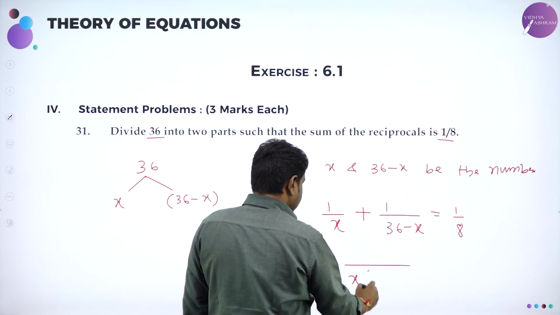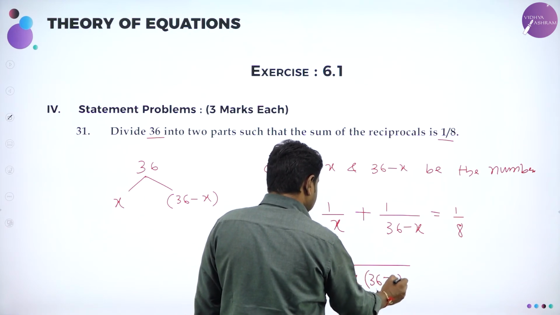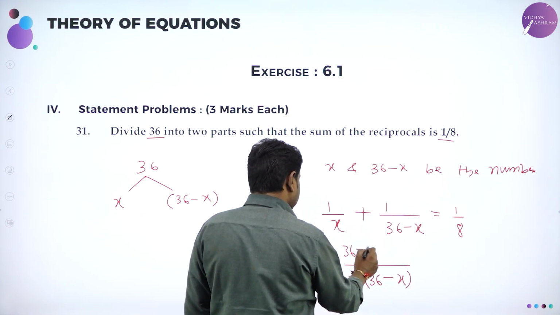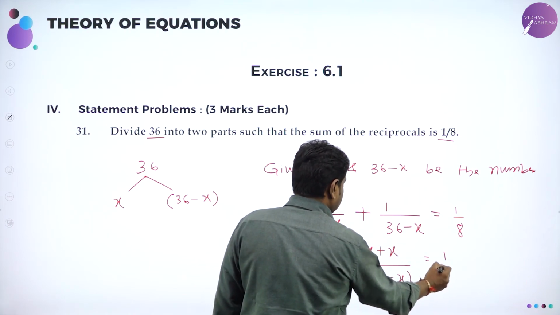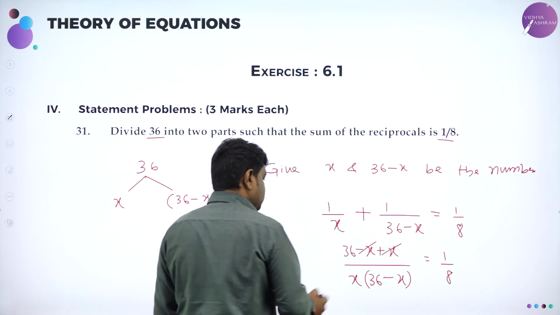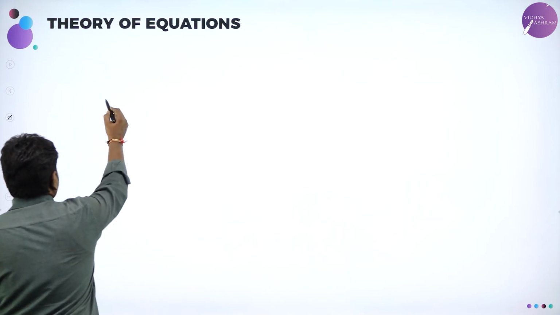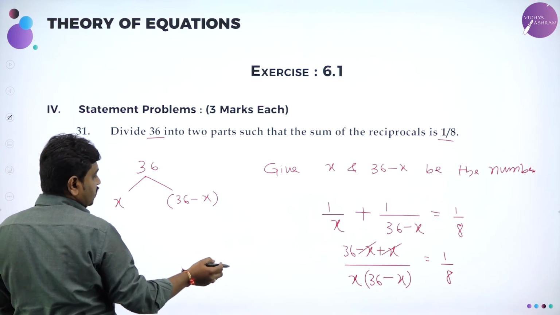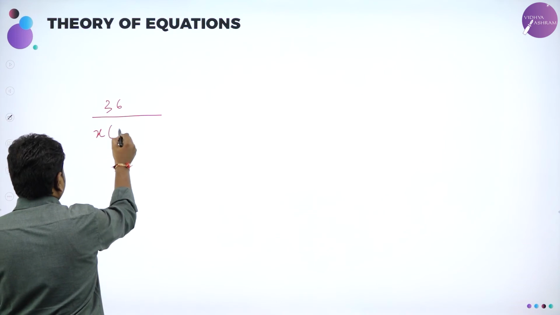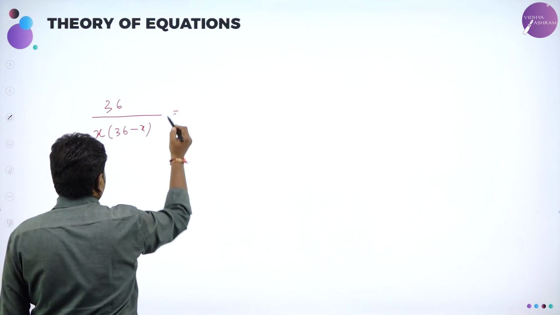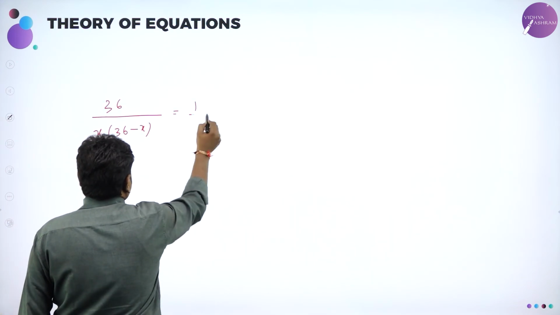So if I take the LCM, x into 36 minus x, the numerator becomes 36 minus x plus x, which equals 1 by 8. Plus x minus x cancels. So I am left with 36 divided by x into 36 minus x, which is 1 by 8.